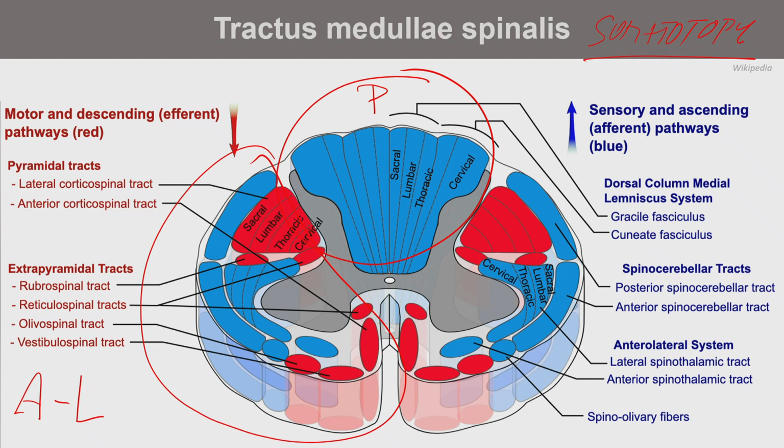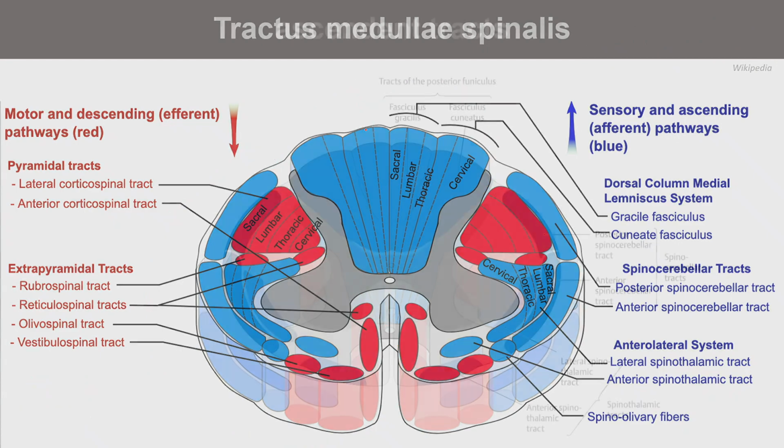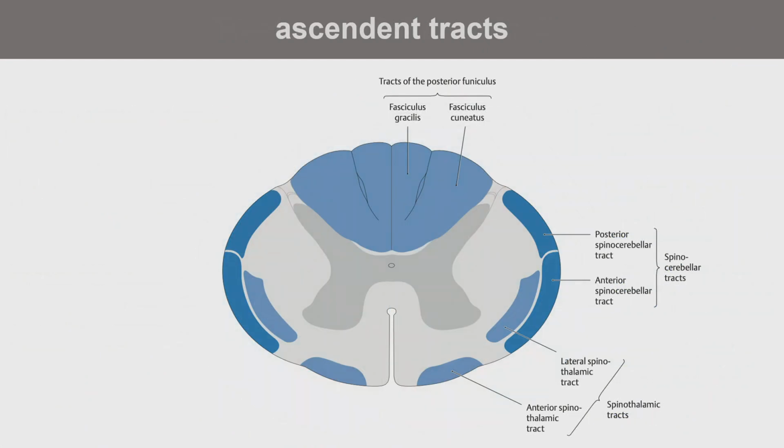When we will have, in the end, the vascular supply of a spinal cord, then it will be clear that we have some relation between innervation and vascular supply and impairment of vascular supply. So remember that dorsally we have only bands which are going upwards, so ascendant tracts.